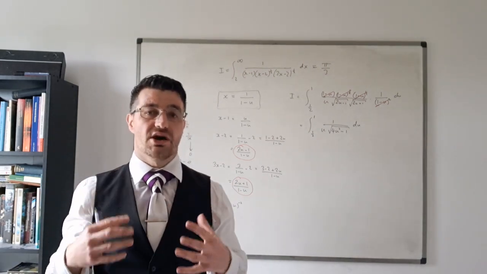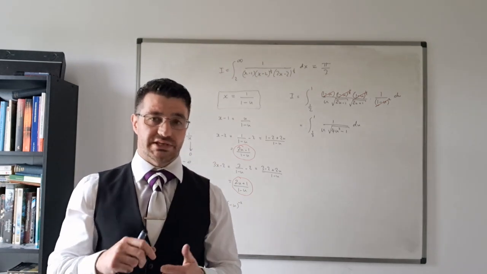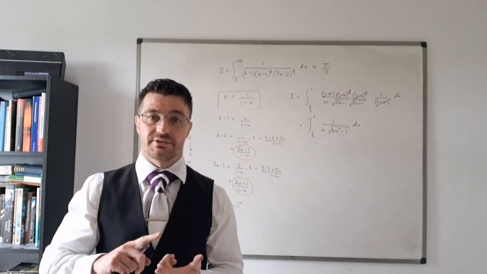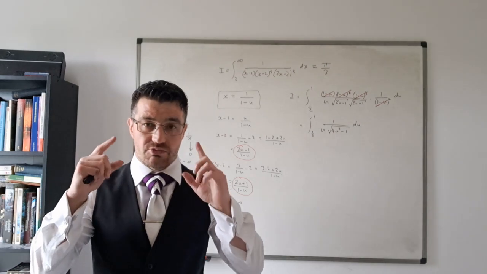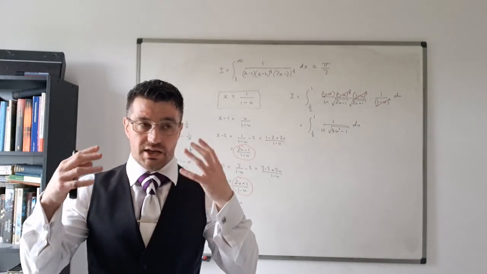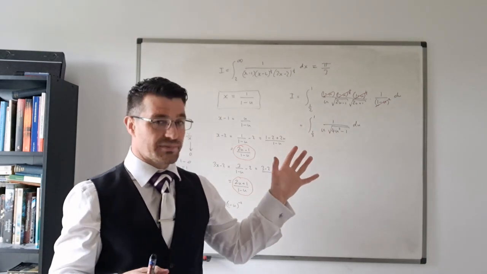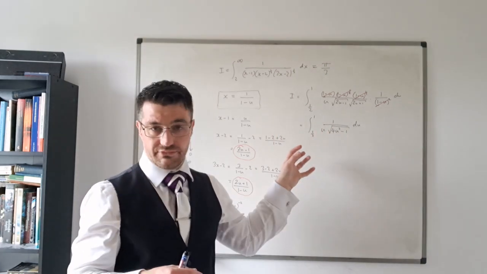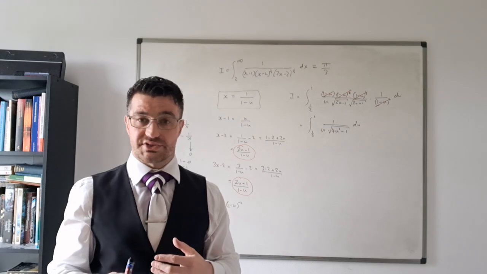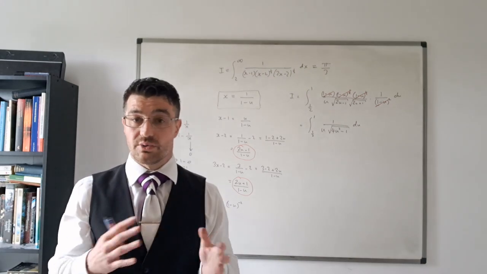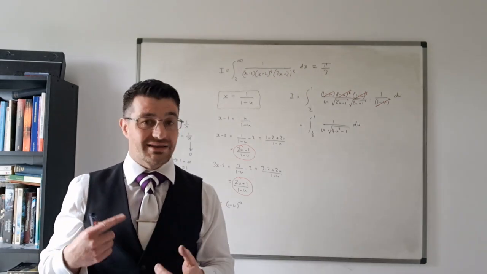I didn't know off the top of my head what the derivative of inverse sec was or inverse cosec, but I've got registered in my mind approximate forms, and I know that this is kind of inverse cosec or inverse sec. I don't necessarily know which one, but I can find out.